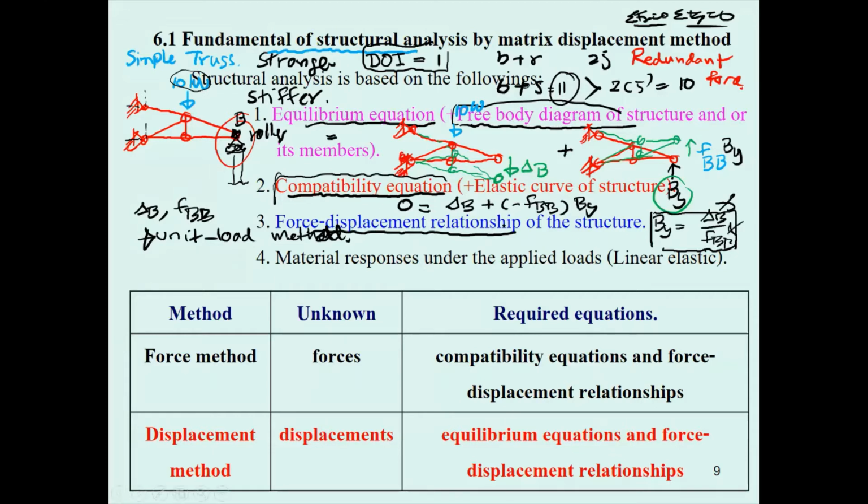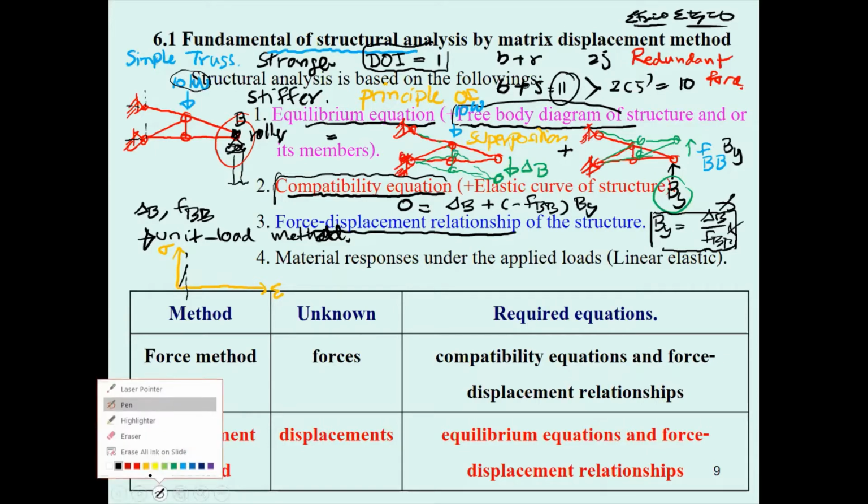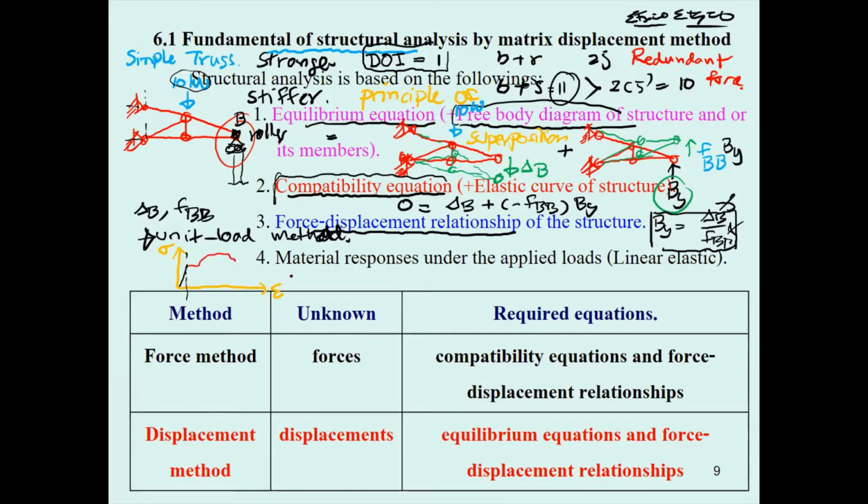That's why we study all of the subjects step by step, based on the assumption that we use to analyze this, which is based on the principle of superposition. That means the behavior of the material under the application of the force is going to be in the linear elastic range, and also the deformation of the structure is going to be small.